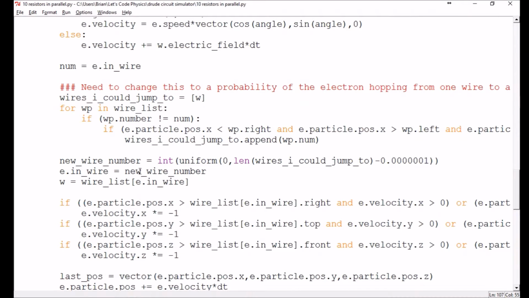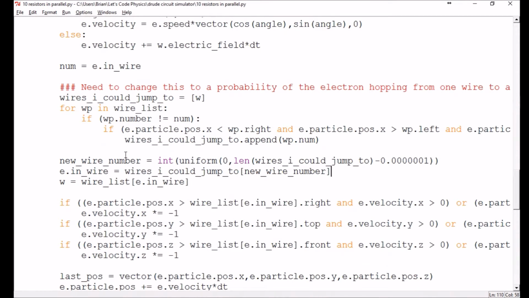So then my new wire number is this thing, and then my e.nwire is new wire number of wires. Actually, this needs to be wires I could jump to of new wire number. There we go. Now this is going to store the number of the possible wires I could jump to.